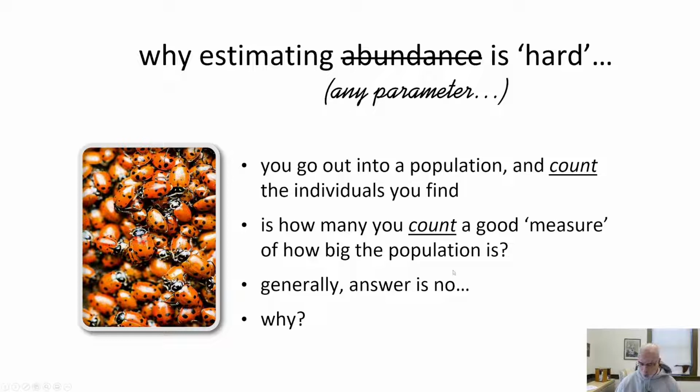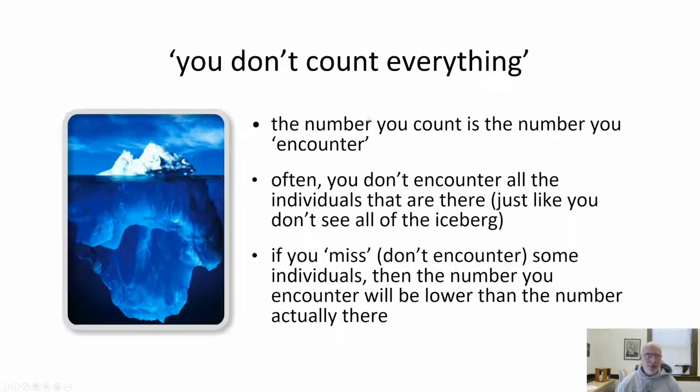All right, so why? Well, the reason why is because you don't count everything. In very, very few circumstances do you count everything. Most of the time, 99% of the time, you don't. The number that you count is the number that you encounter. Okay? So look over here on the left-hand side. This is a picture of an iceberg. So what's true about the basic properties of an iceberg?